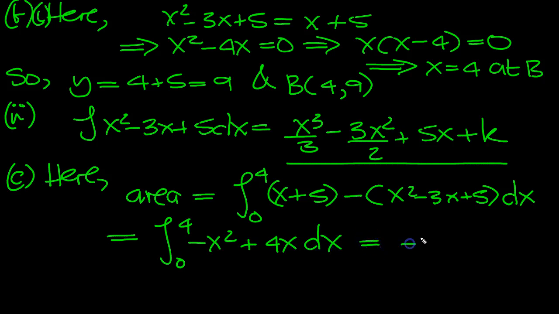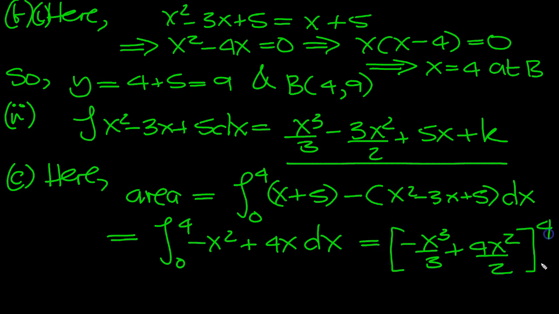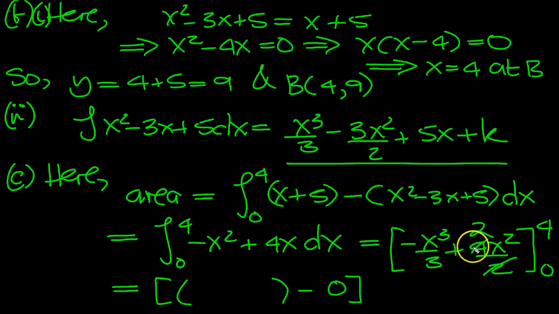So do the integration: minus x cubed over 3 plus 4x squared over 2, raise the power by 1, divide by that number. And that would be between 4 and 0. 2 goes into 4 twice, so let's just put that down here. So the area then, top value, take bottom value. Now the bottom value, put 0 in for the x's and you'll still get 0. So we can put that down straight away.